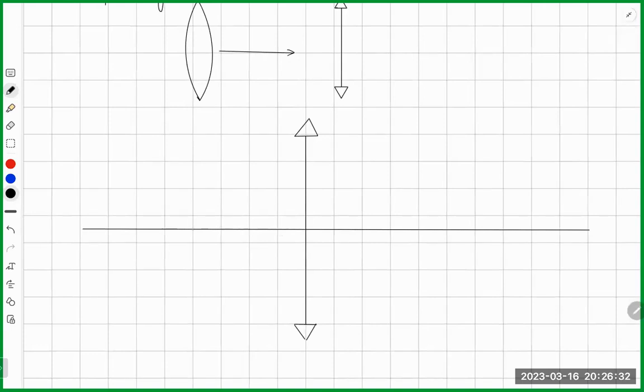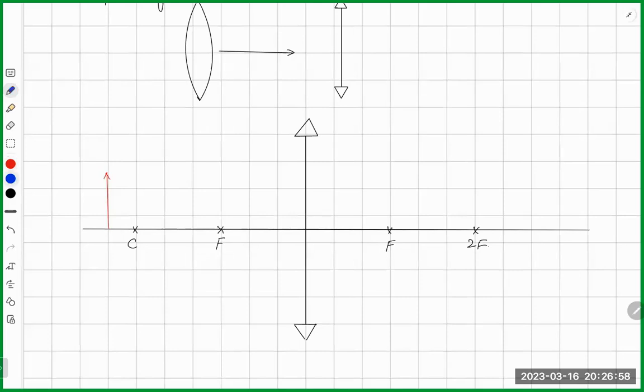Say this is F, this is 2F for C. Similarly, there will be F on this side and 2F on this side. Okay. So if we put an object over here, now we want to see where the image is formed.